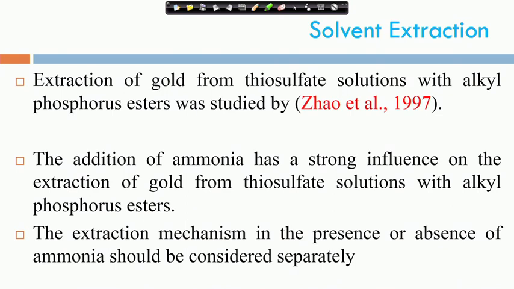If the gold is more soluble in that particular ester, the gold will get solubilized there, and it will go from the thiosulfate solution. Ammonia also affects gold extraction from thiosulfate solution with alkyl phosphorus ester. There is an extraction mechanism in the presence of ammonia and also in the absence of ammonia. Both mechanisms are available in the literature.